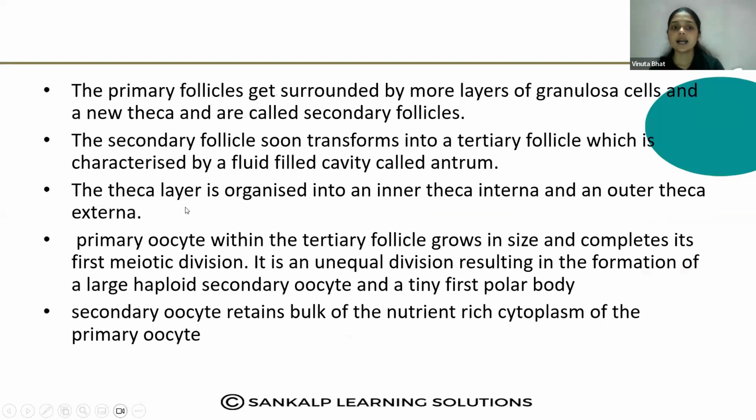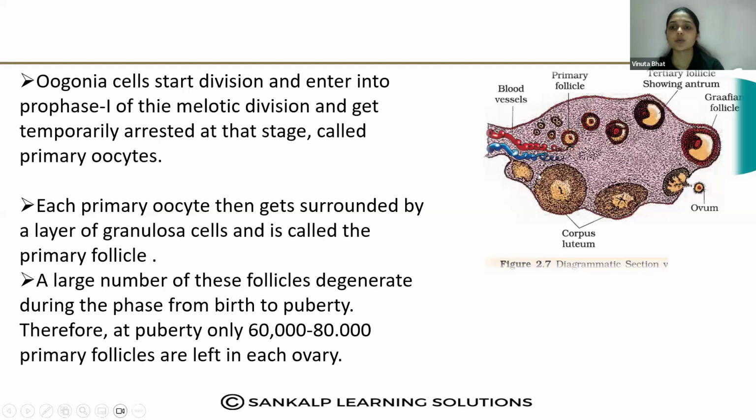Then the theca layer. The secondary follicle soon transforms into a tertiary follicle, which is characterized by a fluid-filled cavity, the antrum. Here you can see the secondary follicle transforming into a tertiary follicle. Inside the tertiary follicle, the primary oocyte is present, right?